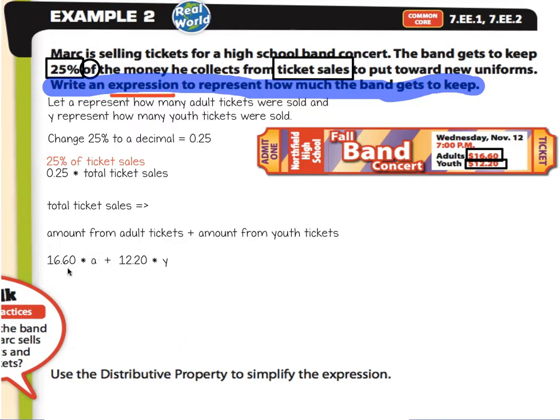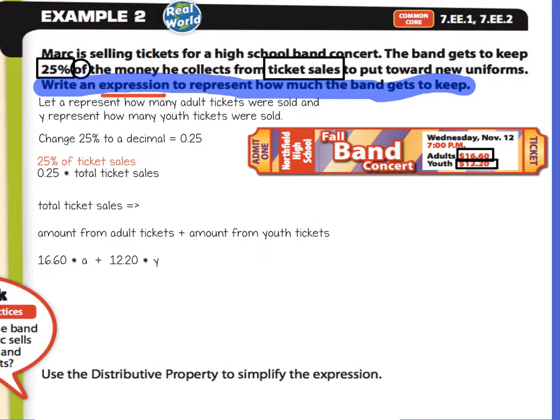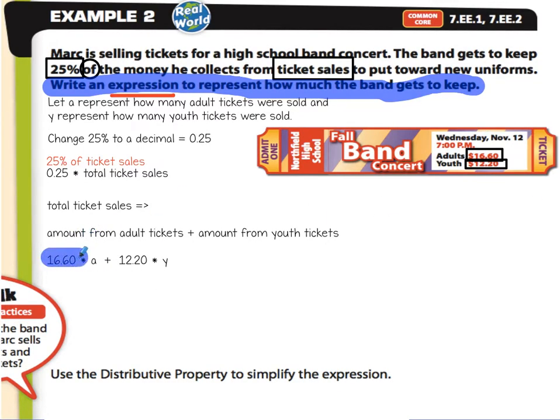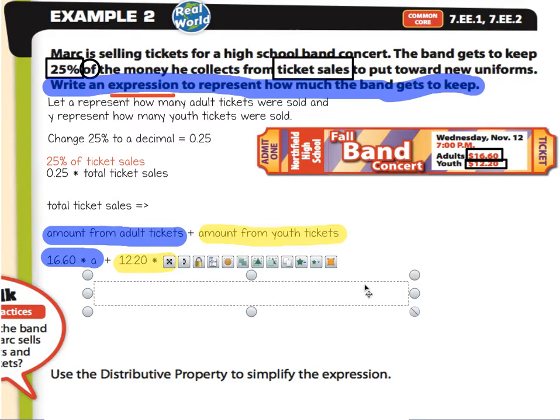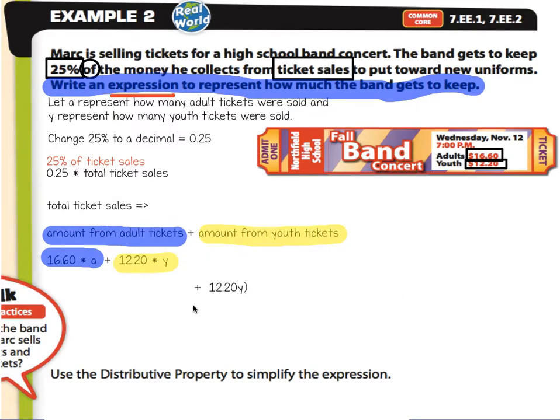If I multiply these two, it'll tell me the amount of money I made from the adult tickets. And if I multiply these two, it'll tell me the amount that I made from the youth tickets. Now he gets all the ticket sales, so that's why we have to add those two things together in the expression.